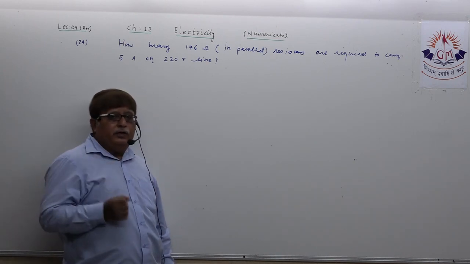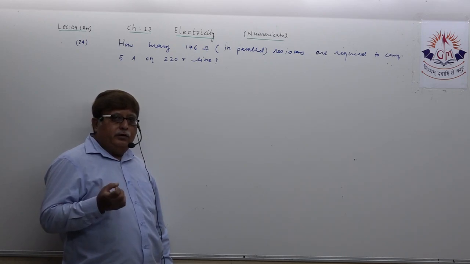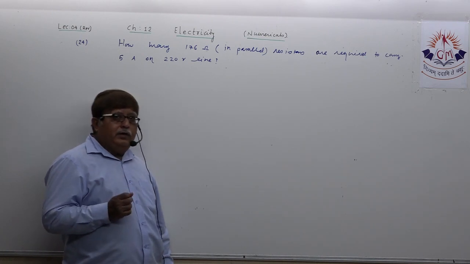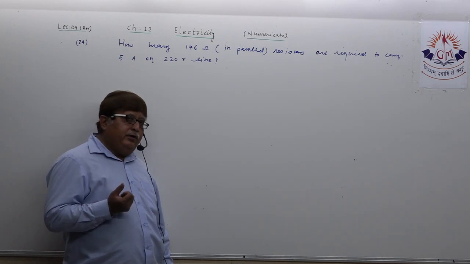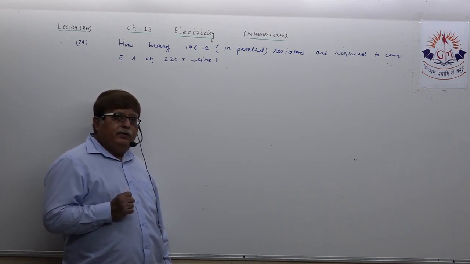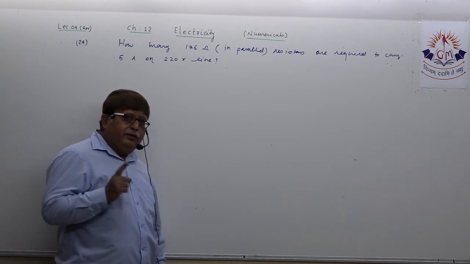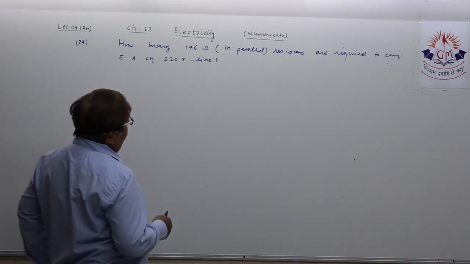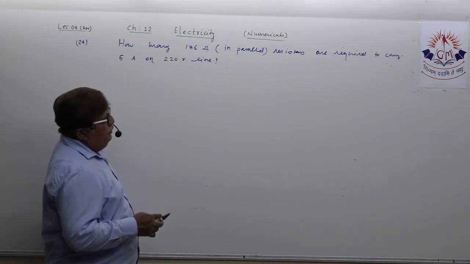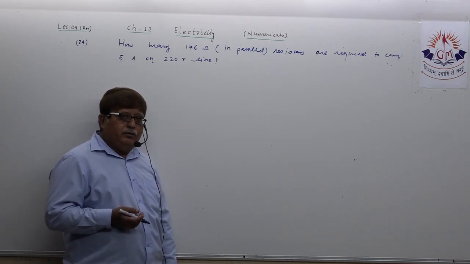You have to decide how many such resistors of 176 ohm are required in the circuit so that the circuit continues to supply 5 ampere current. Understand? Just try to catch a very important thing. We don't know how many resistors we require.